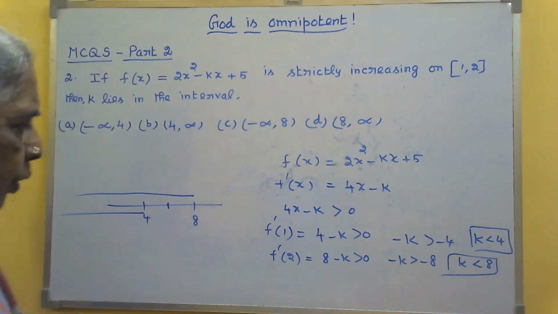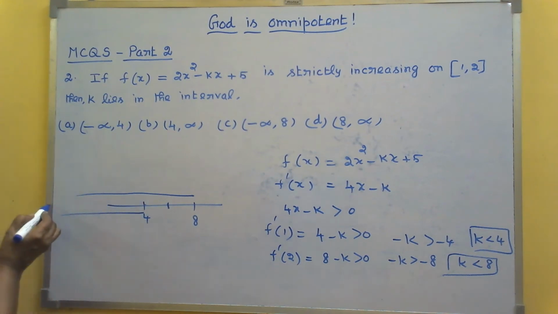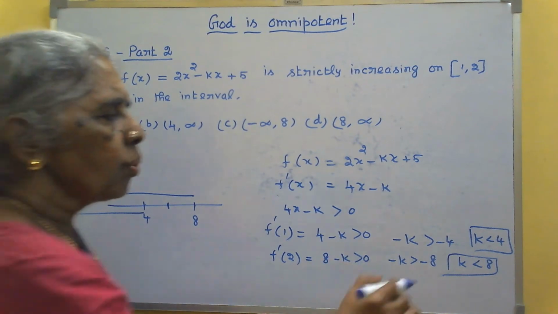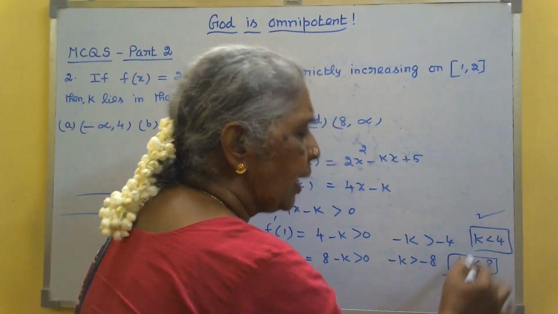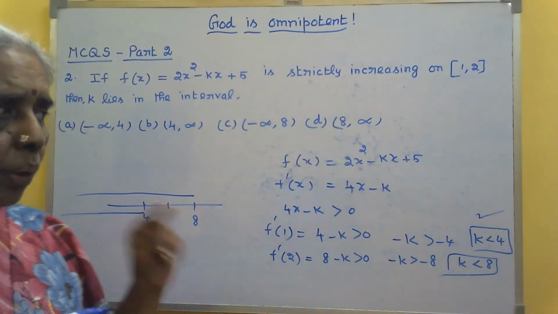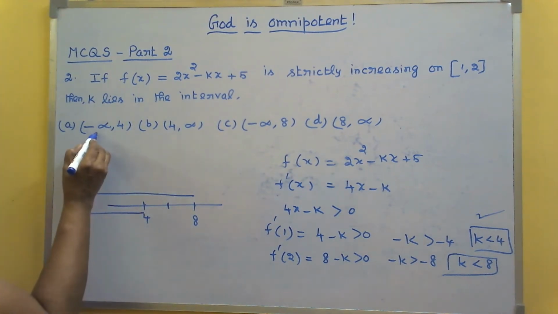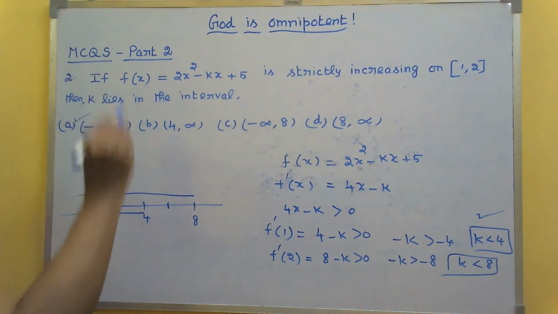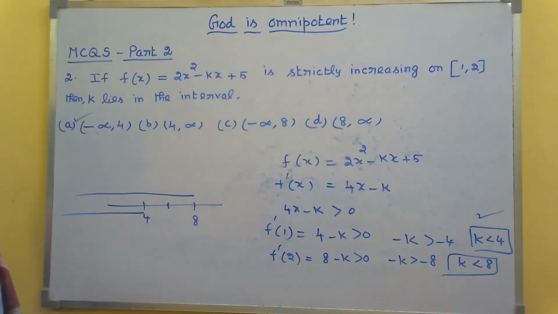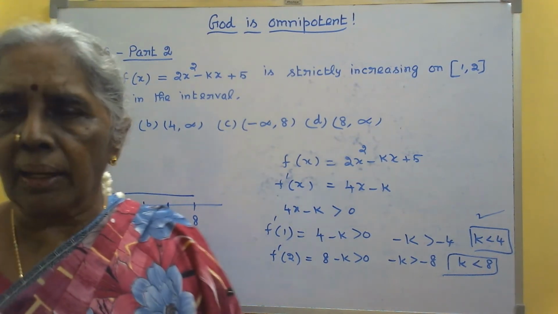But if you consider any number less than 4, that will definitely be less than 8. So only this will satisfy both the conditions. So here k should be less than 4. That means it will be minus infinity to 4. So your option A is correct. Hope this is clear to you, right?